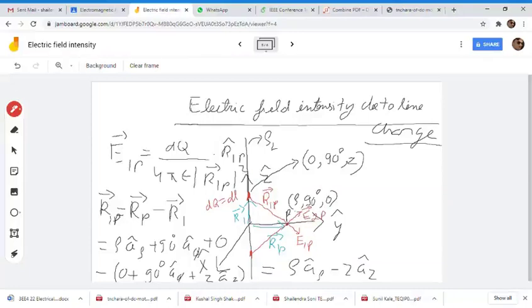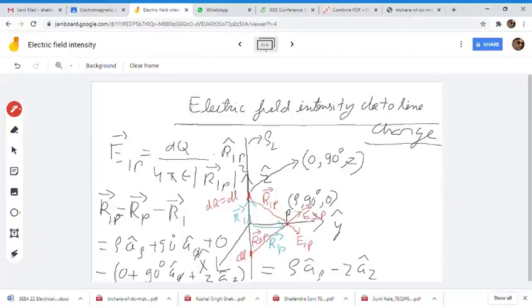This is your electric field E2P, that is placed at R2P distance, and the length is dl itself.